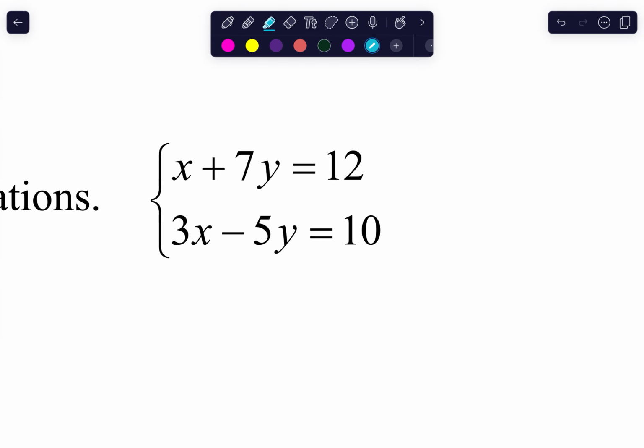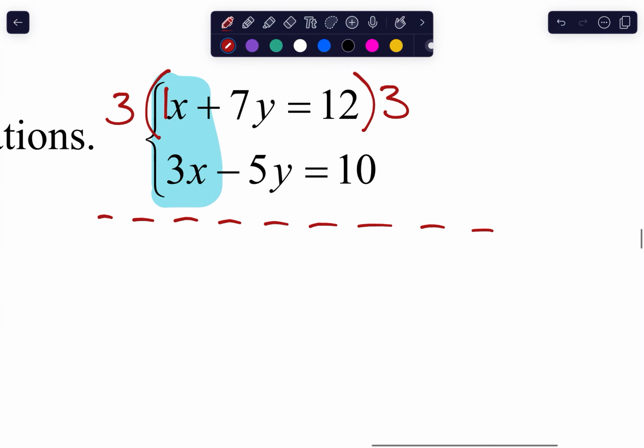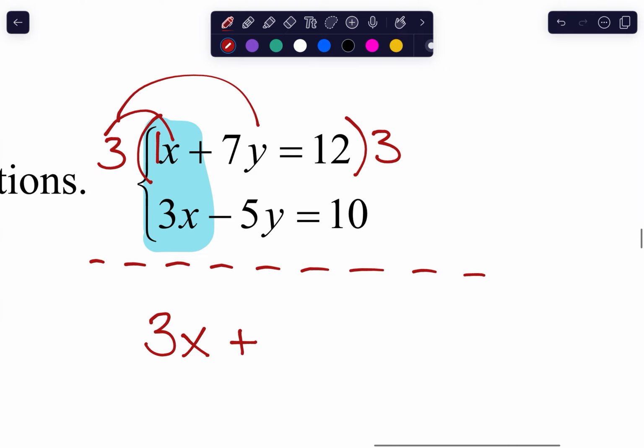All right, so for this one, I see my x only has a 1 in front of it, so that's what I'm going to multiply by. And to make this 1 become a 3, I need to multiply by 3. So once I do that, 3 times 1x is 3x, plus 3 times 7y is 21y, equals 3 times 12 is 36.